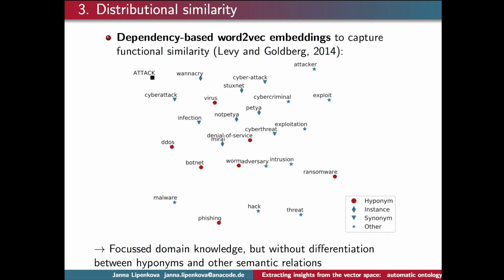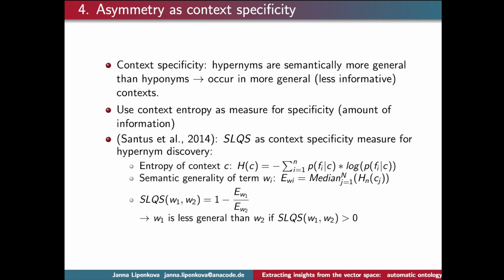So it does produce very focused domain knowledge, but it doesn't produce any kind of differentiation between hyponyms on the one hand and hyperonyms and other semantic relations on the other hand. But still, obviously, this kind of chart, as said, is very helpful for constructing ontologies and then also maintaining and editing the ontologies in the first place.